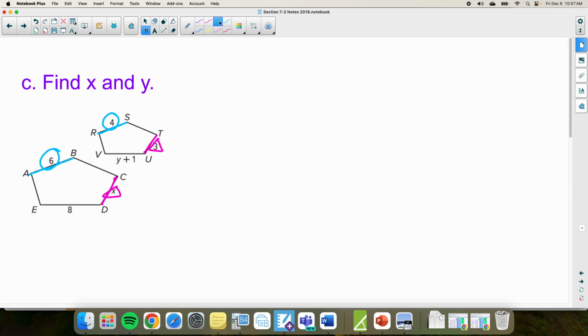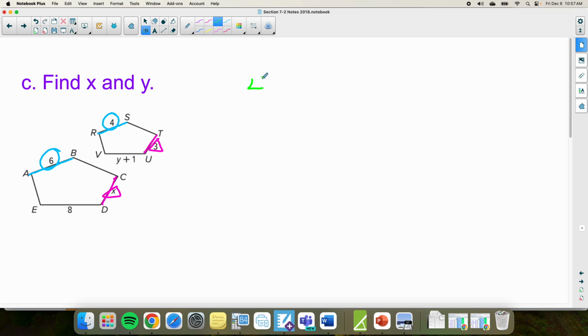So let's just deal with my x right now, okay? We have to write a proportion. And as I said yesterday, when you do this, you could go from the blue over the blue in one ratio equals pink over pink in the second ratio.